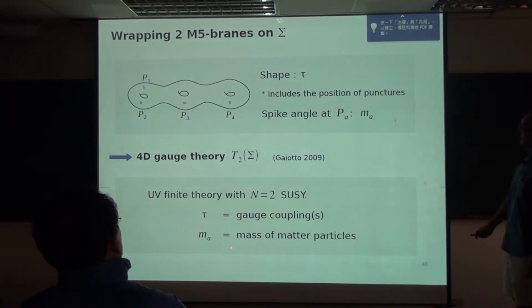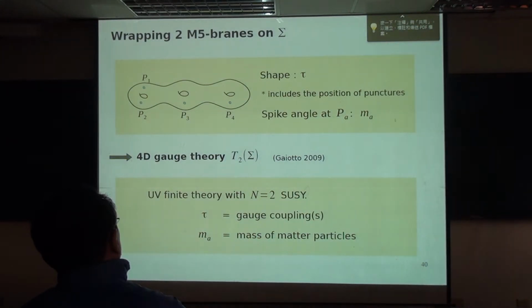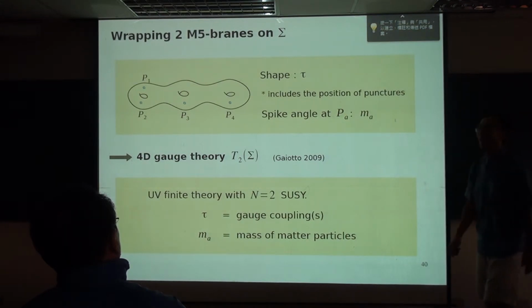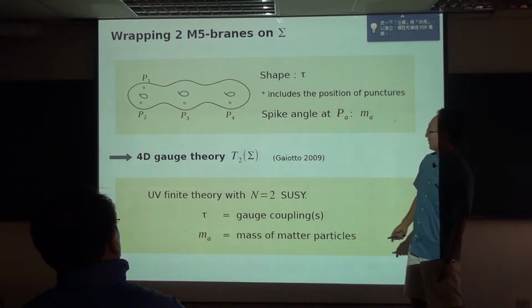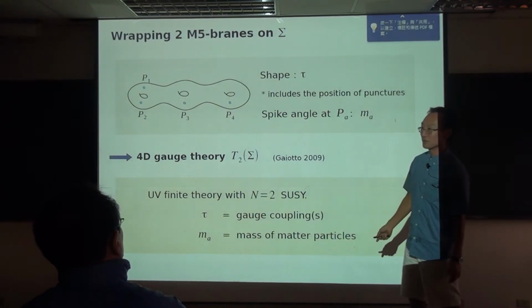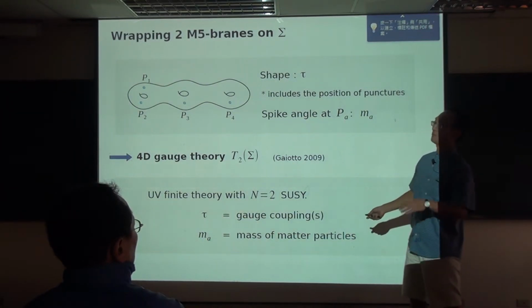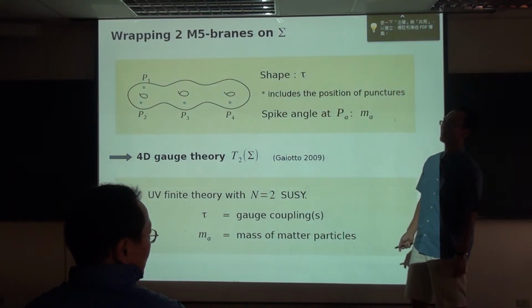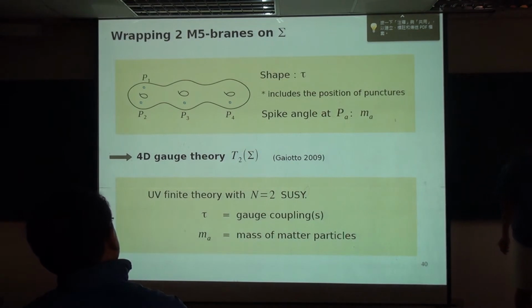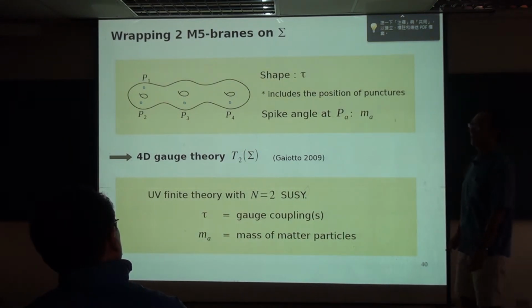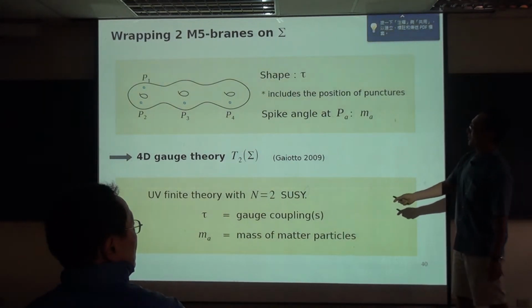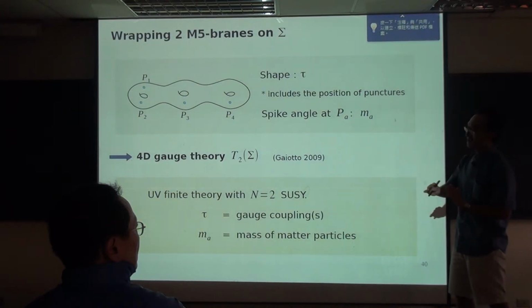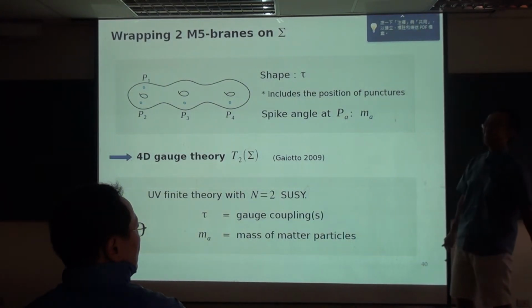In this gauge theory, it turns out that m_a is a mass parameter for the hypermultiplet. The m_a describes the pole position. Not the position, but the residue at each puncture. At each of the punctures, M5 branes can develop a spike.